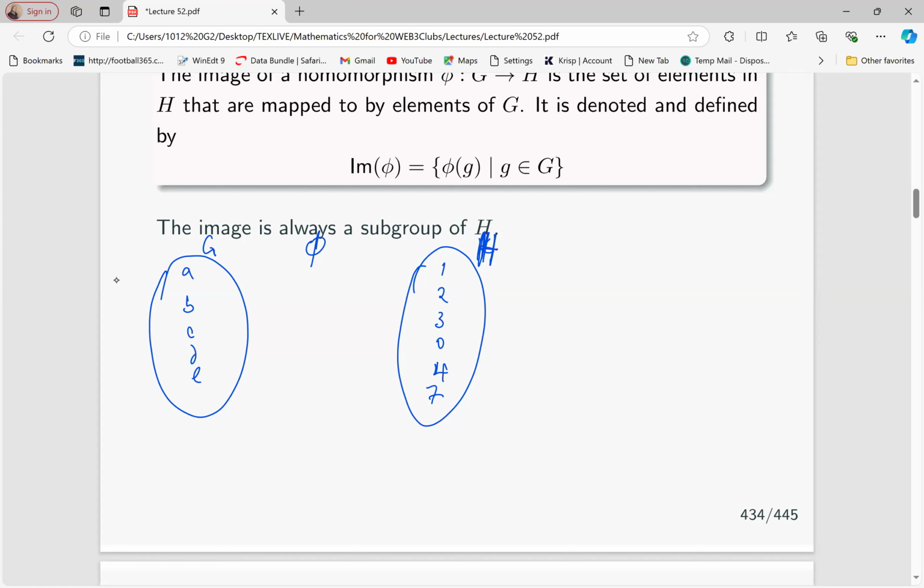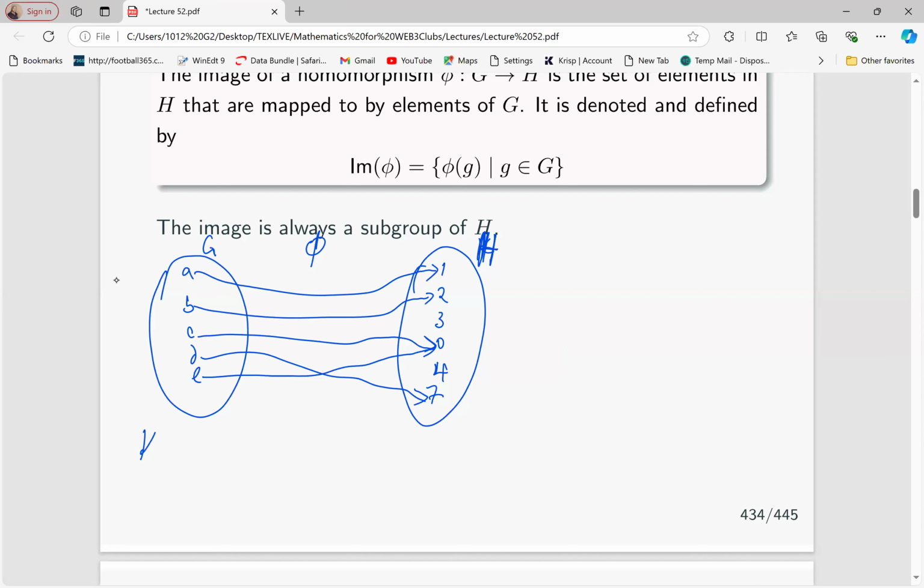I want to assume that this is an additive group. So let this element be mapped to that. Let this one be mapped to that. Let this one be mapped to this. And let this one be mapped to that. And let this one be mapped to this. Now, the question is, what is the kernel?